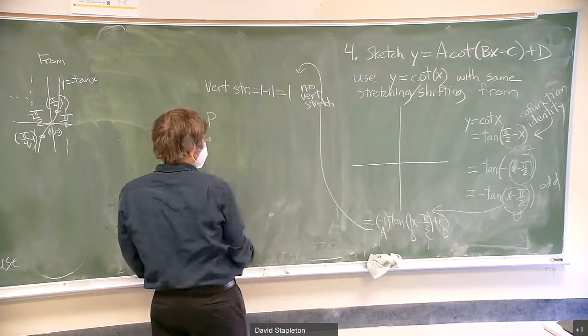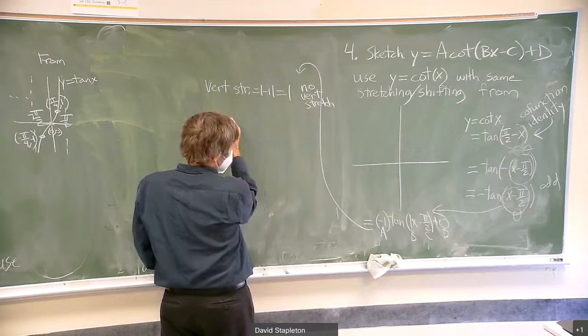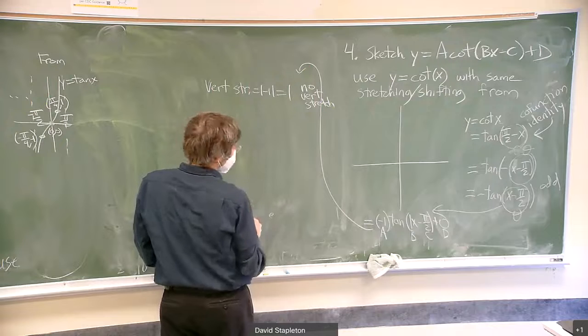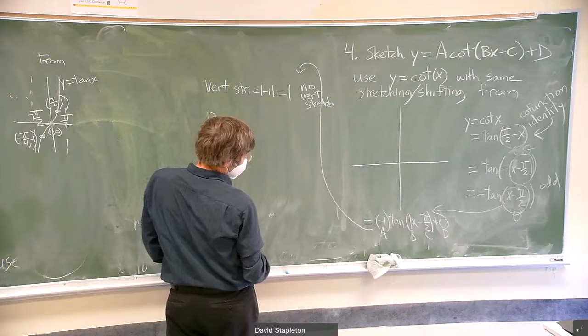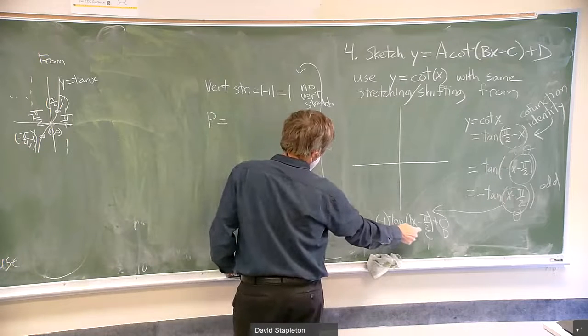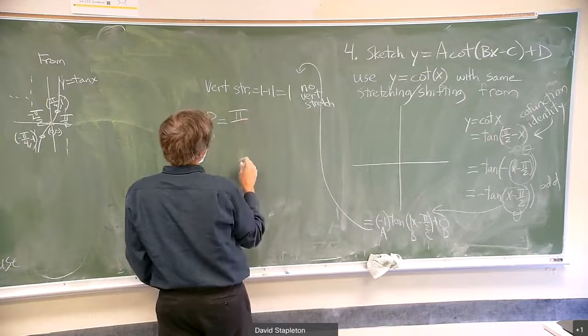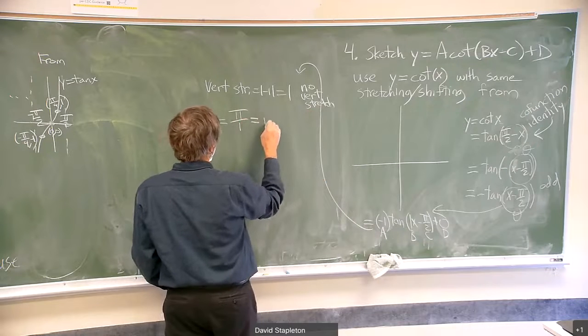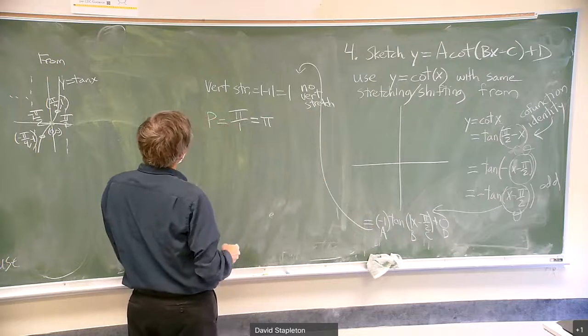The period. Well, the period of this function is pi over b, we recall from tangent, right? Instead of 2 pi over b for sine and cosine, pi over 1 is still pi, so it's got the same period as tangent.